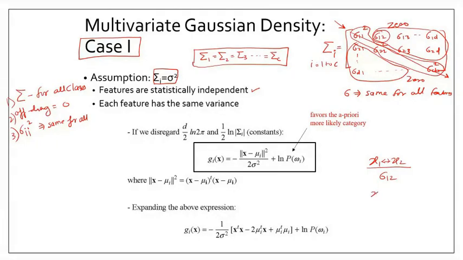Now suppose I have xd and let us say x5, these two variables, then sigma 5d will discuss the relation between the fifth feature and the dth feature. Note that this sigma 5d is equal to sigma d5.